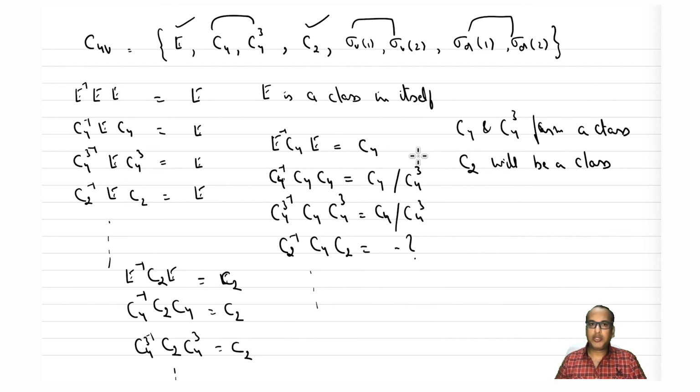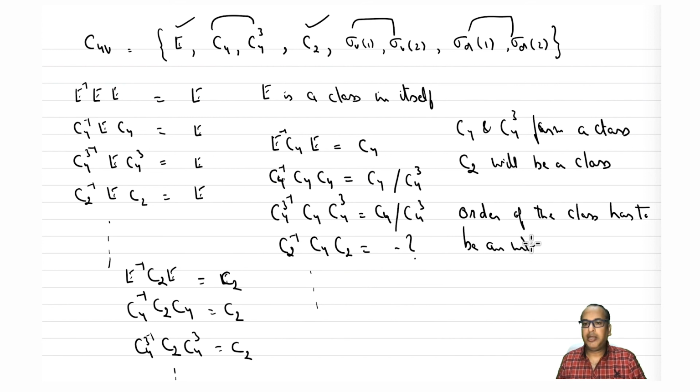For a class also, there is a condition: just like a subgroup, the order of the class has to be an integral divisor of the order of the group.